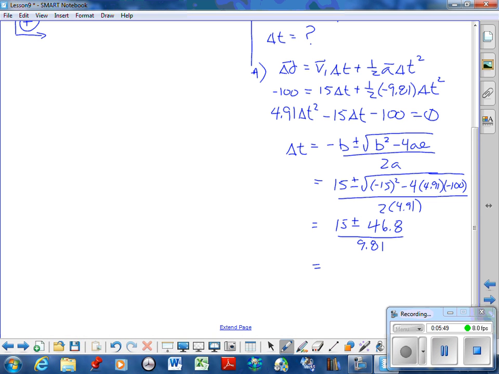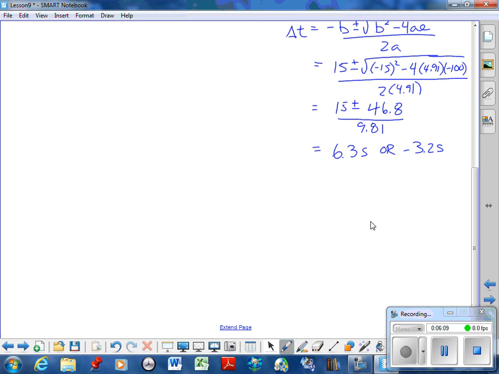So 15 plus the 46.8 divided by 9.81, and I get 6.3 seconds, or 15 minus the 46.8 divided by 9.81 equals negative 3.2 seconds. At this point, you're going to say, can't go back in time, even though it'd be really cool, but this is what we call inadmissible.